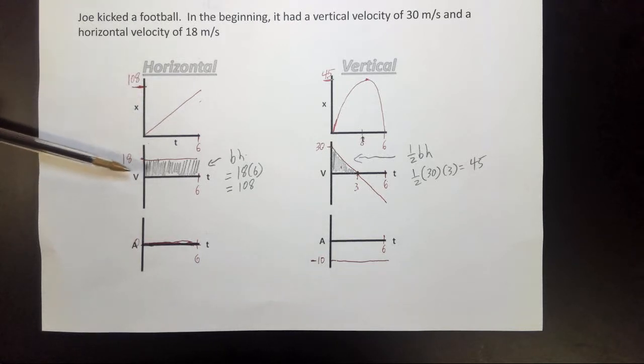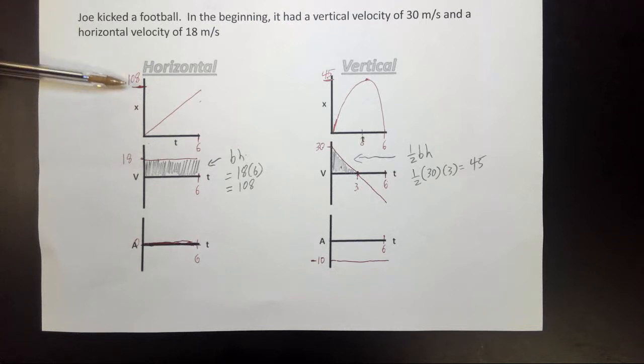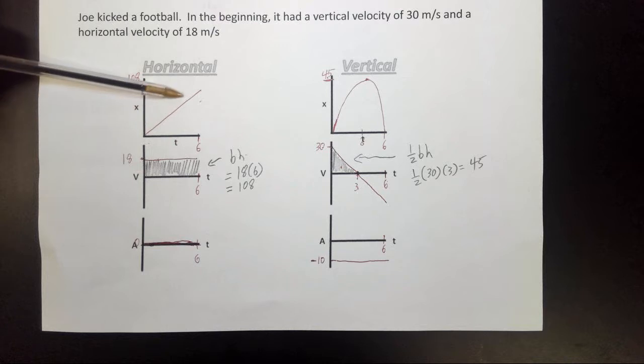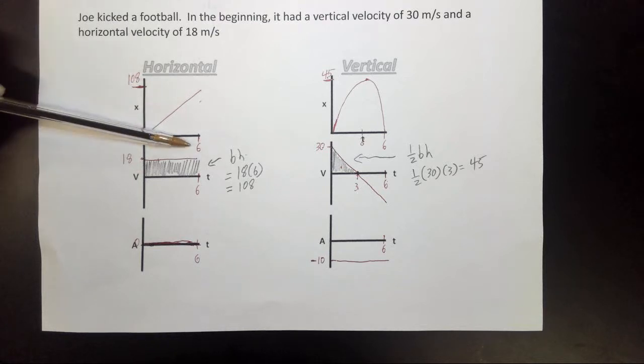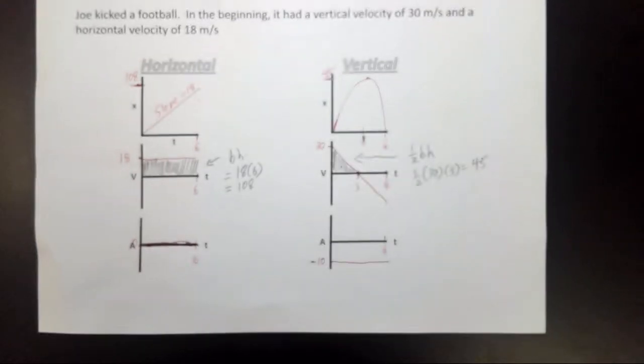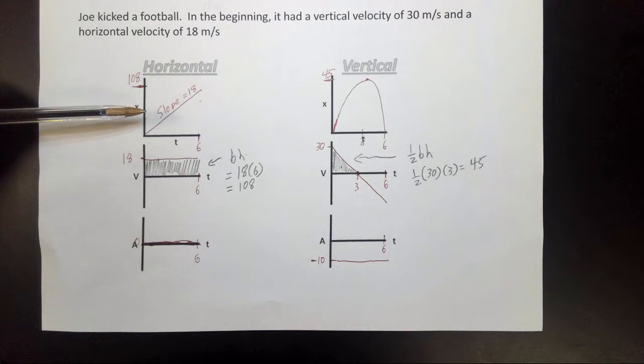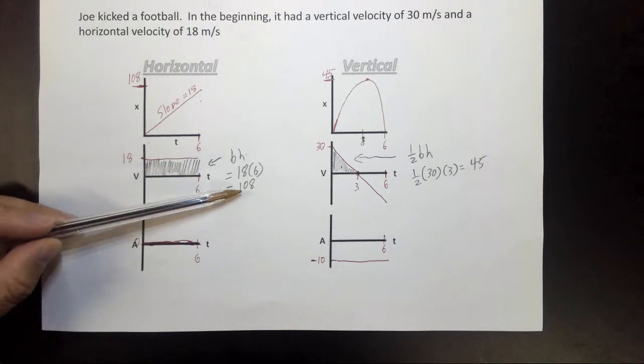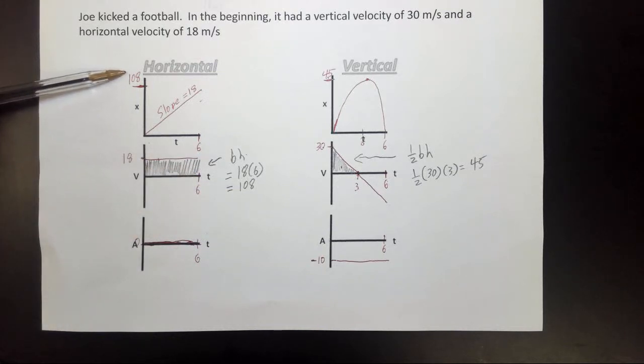So if we didn't know it was 18 meters per second, but we knew that it traveled 108 meters in 6 seconds, then you'd find the slope of this line, which would be 108 divided by 6, right? And I'll just write that down. Slope is equal to 18, and that is the velocity here, right? Or if you go the other way, the area of this is equal to 108, and that is the position.